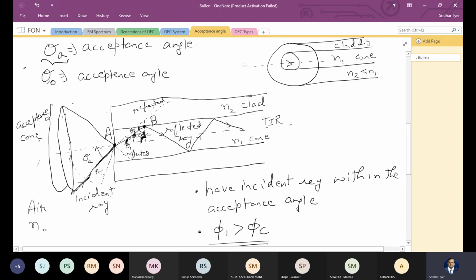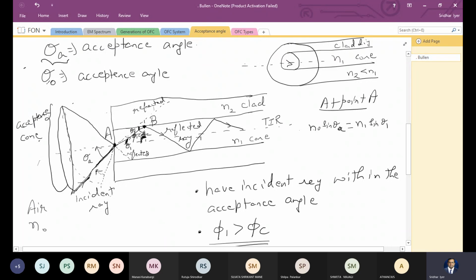At point A, I can use Snell's law and write N0 sine theta A equal to N1 sine theta 1.